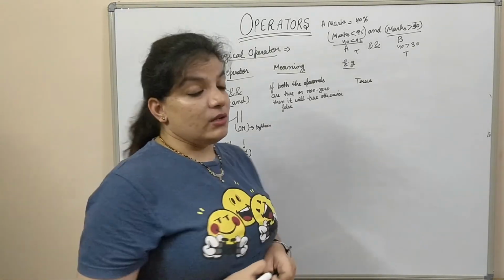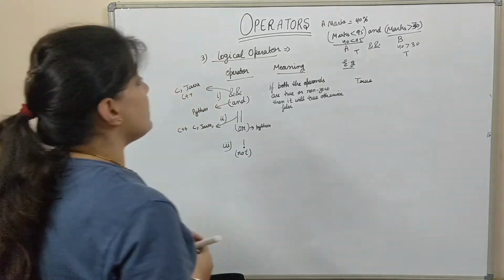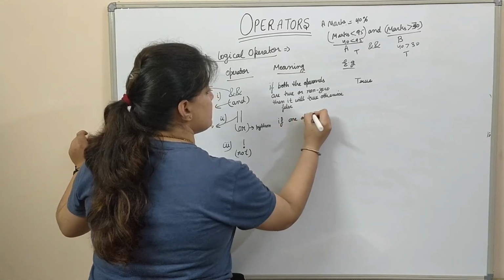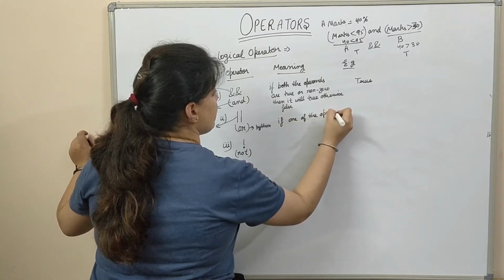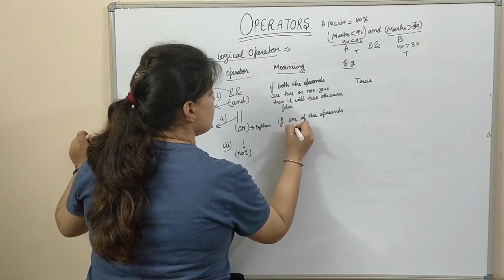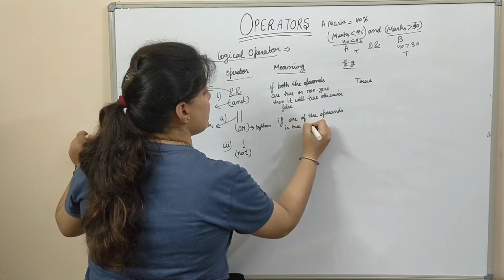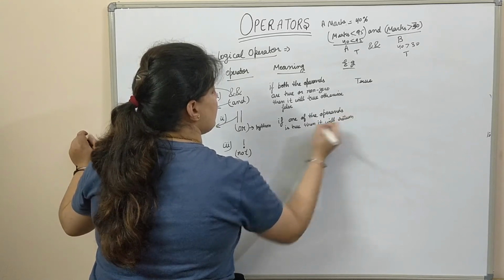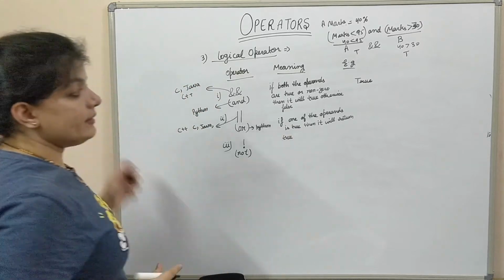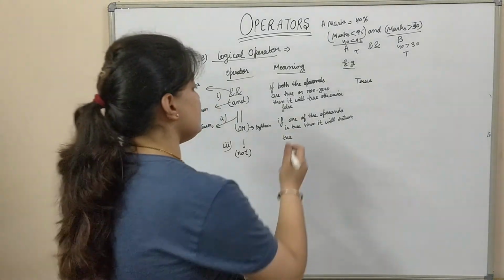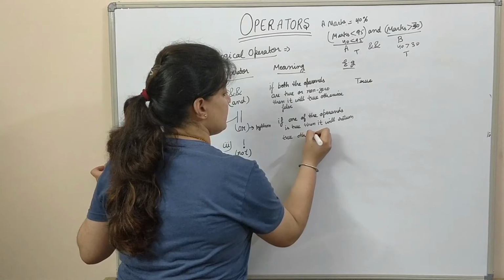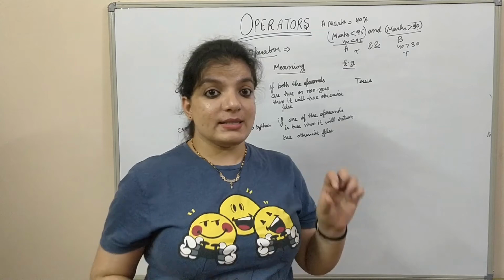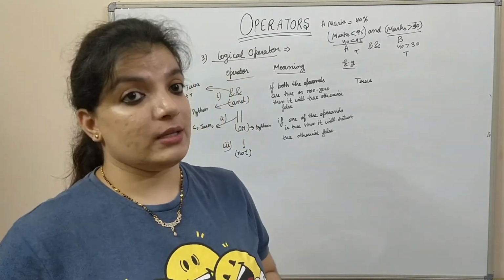It is known as the logical OR operator, and in this case if one of the operands is true, then it will return true, otherwise false. And if both the operands are false, then the output is false.